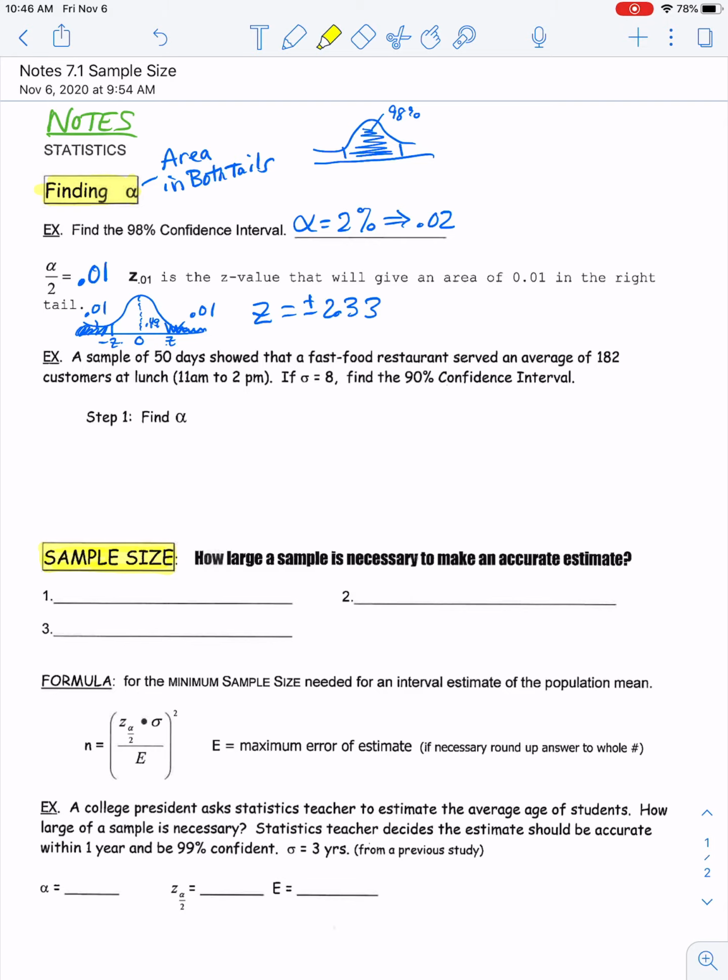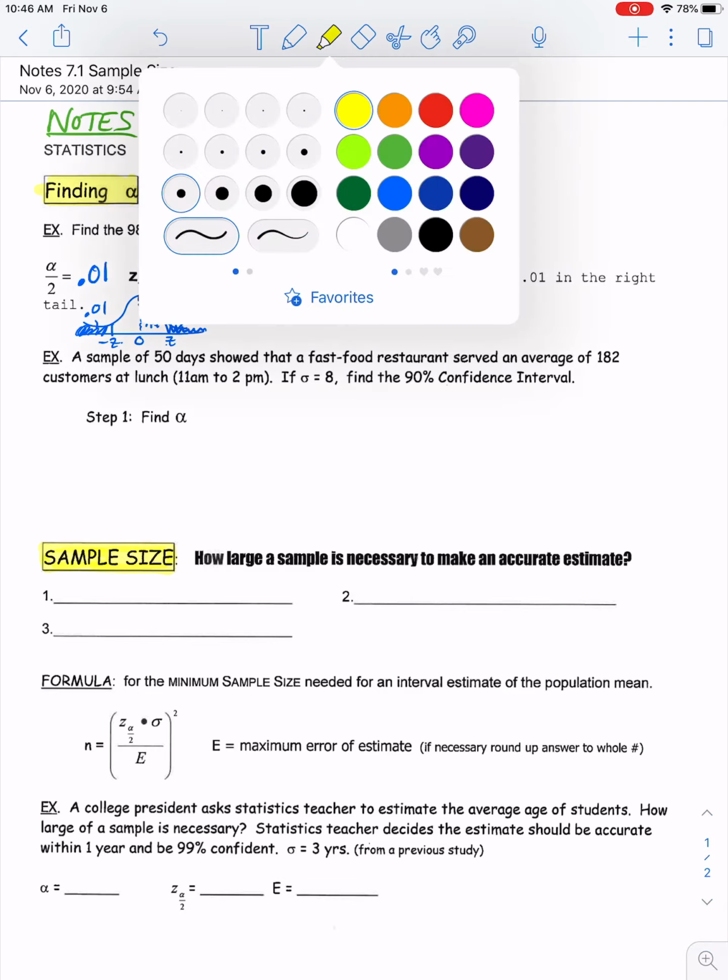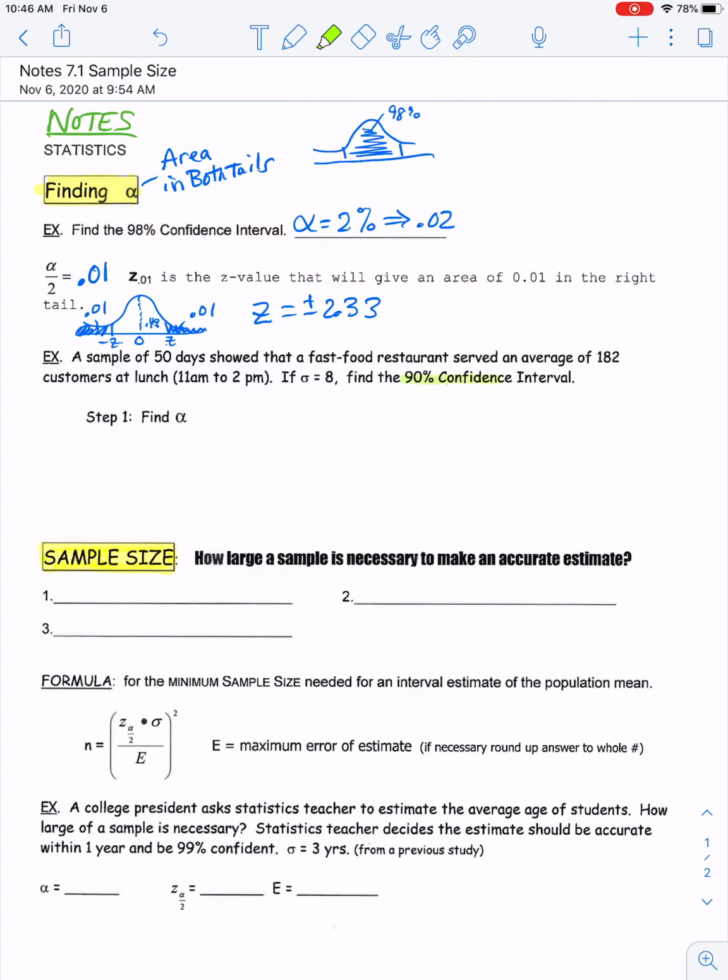We want, let's do green, 90% confidence interval. If you think about 1 minus 0.9, that leaves us with 0.10. That's alpha. Then alpha over 2 is 0.05 because you're taking 0.10 divided by 2.